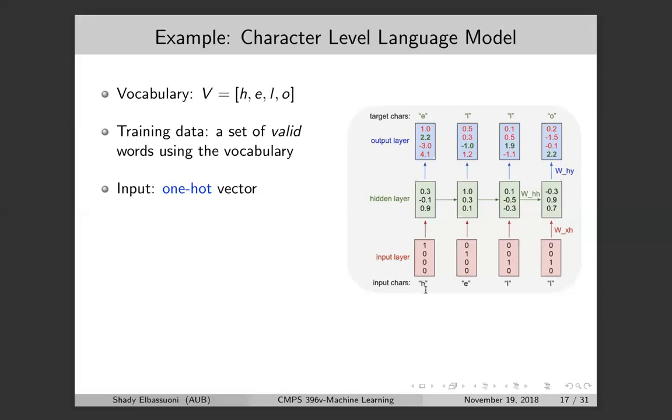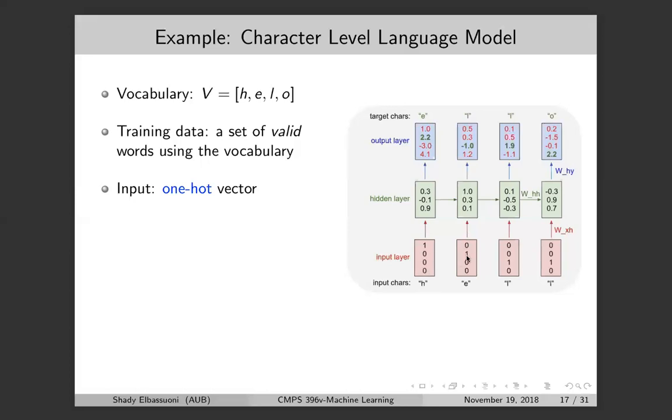The sample input word I'm currently training on is hello, or hell, H-E-L-L. So the input is going to be 1 0 0 0, representing the character H, as a one-hot vector.